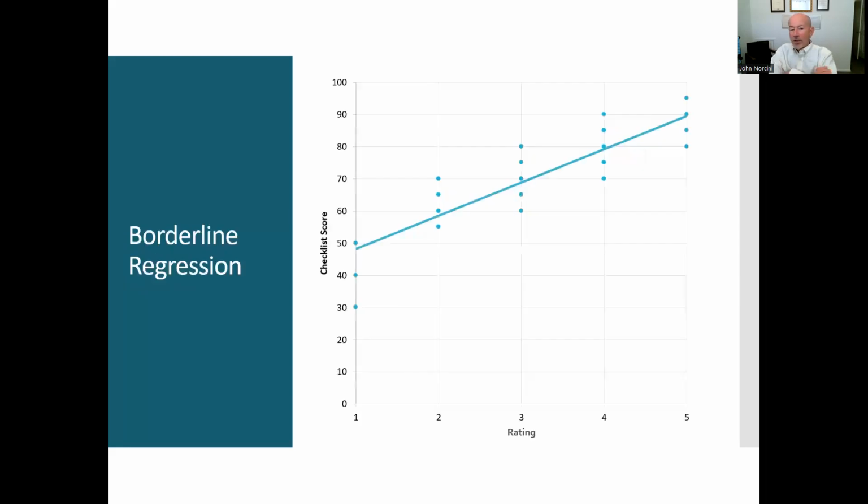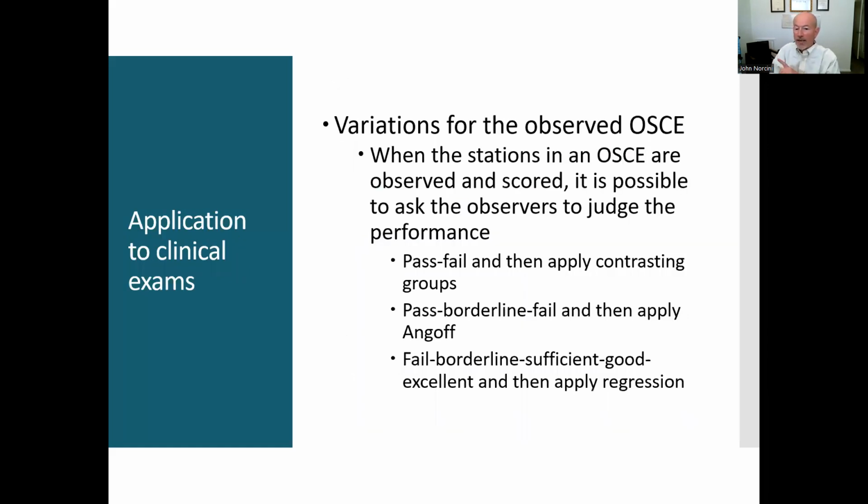Let me talk about the most popular of those, which is the borderline group method. When there's an examiner in the station, in addition to filling out a checklist, the examiner is asked one overall question at the end: rate this performance of this student.